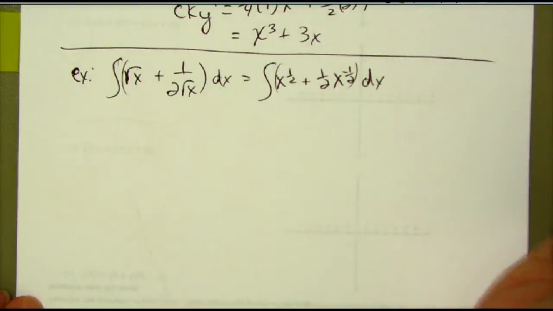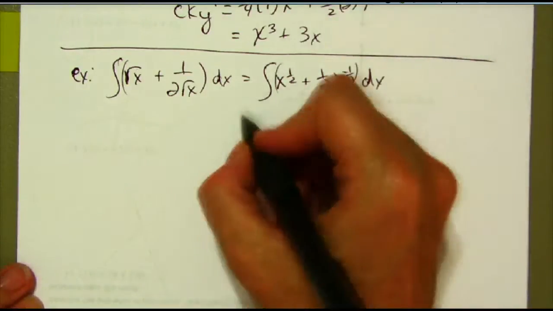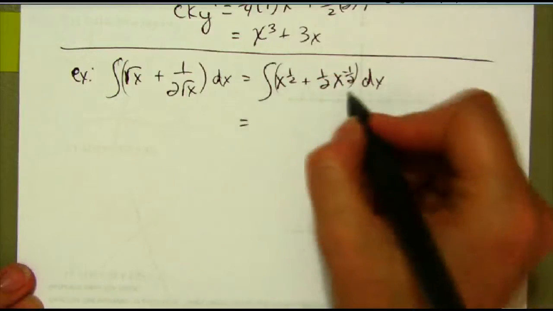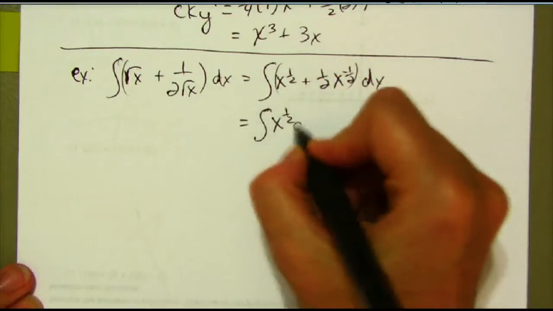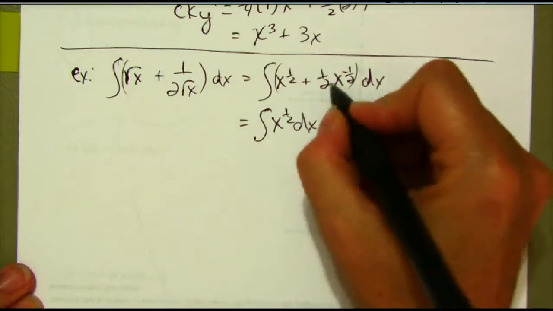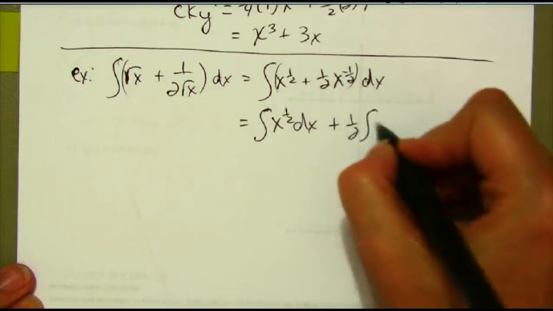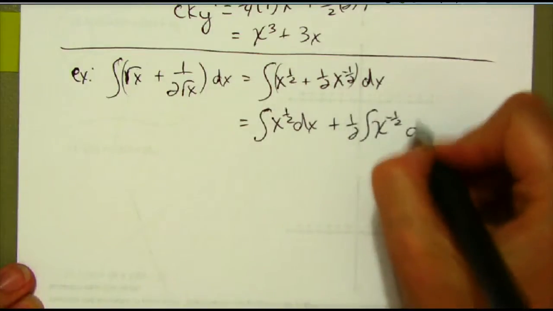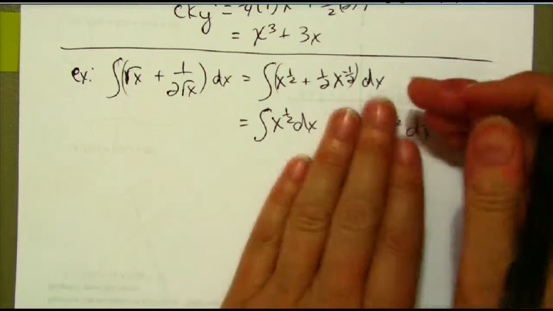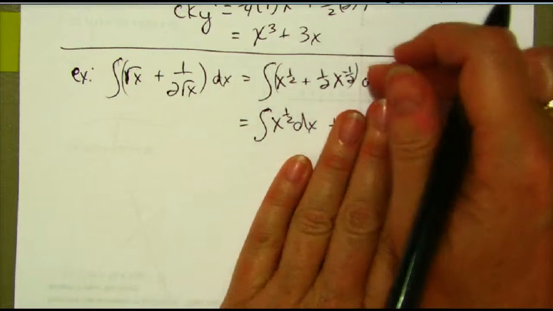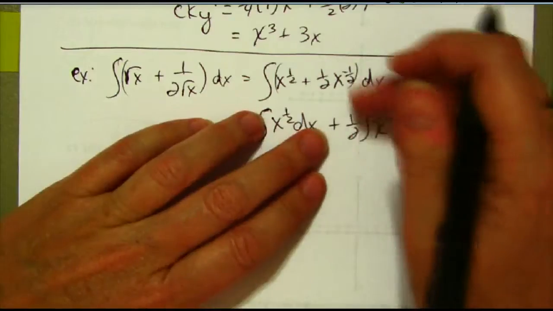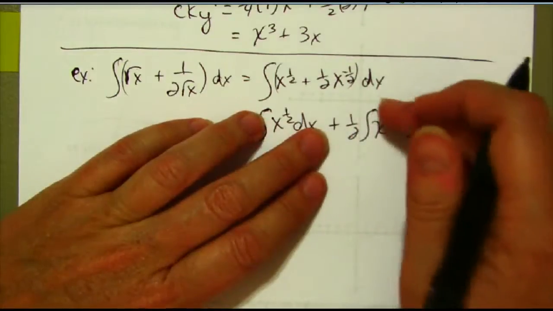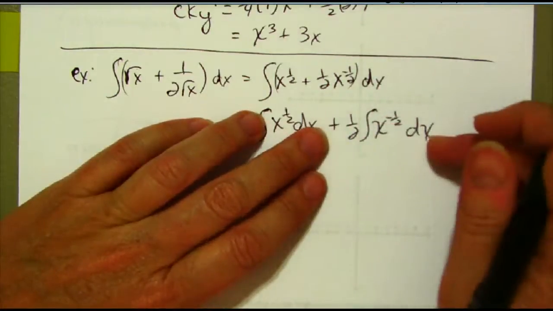Now when you look on page 250 for the basic integration rules, you'll notice I could also split this up with addition. x to the 1/2 dx plus, and then bring the 1/2 on the outside, x to the negative 1/2 dx. So I have this piece, but it has to be times dx, plus I can take out the 1/2, let it just sit there, and I'm taking the antiderivative of this second component.